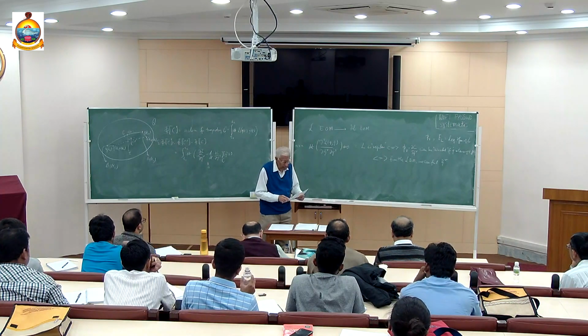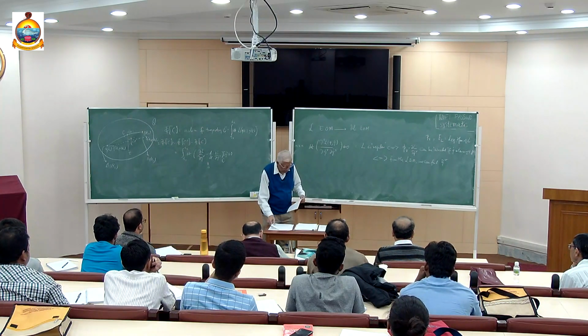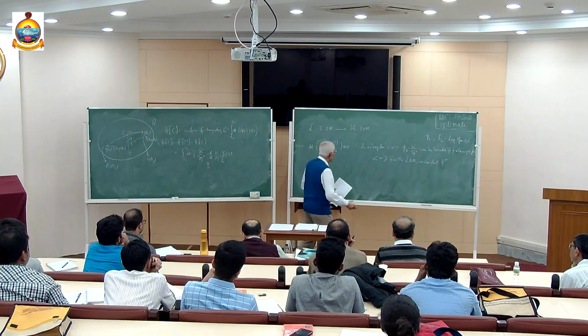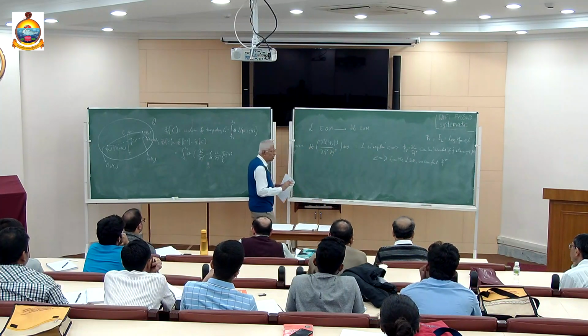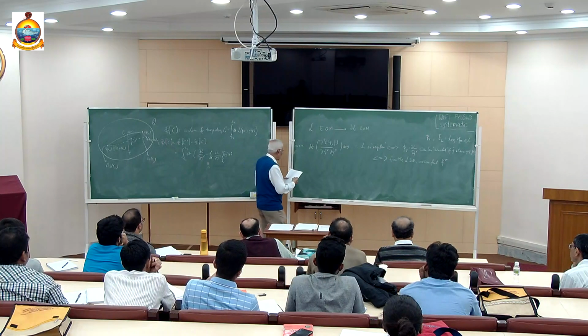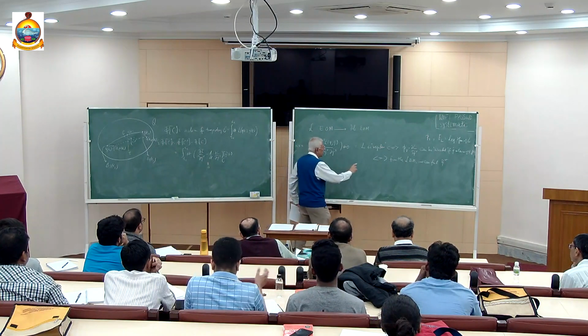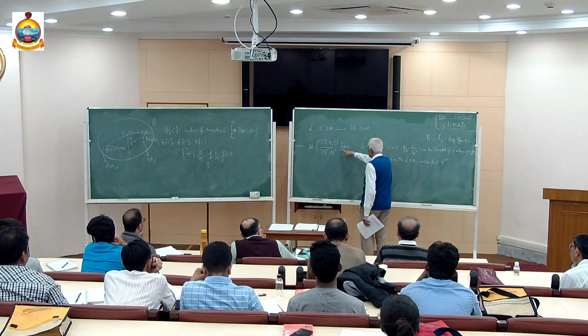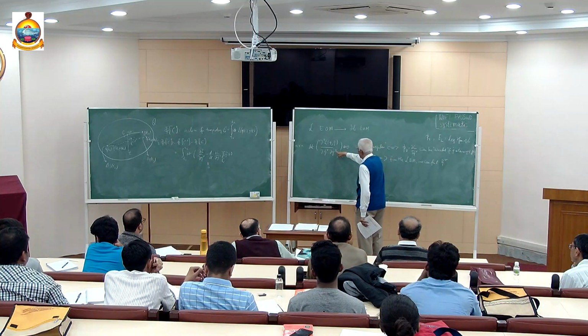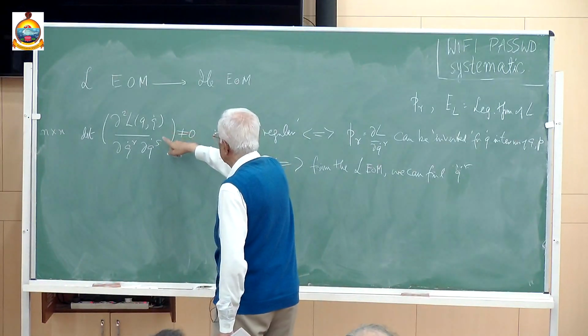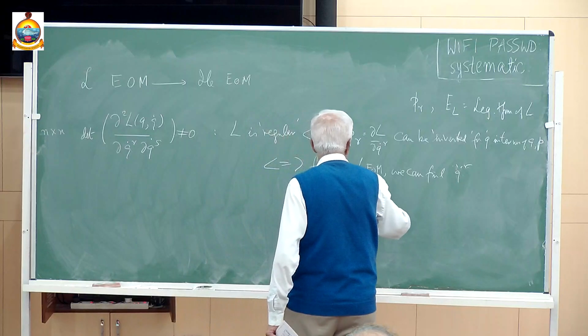Now, I will just jump a little bit and write equations which you are all very, very familiar with. They are the following. I will assume this is a non-zero determinant. So, this matrix has an inverse.